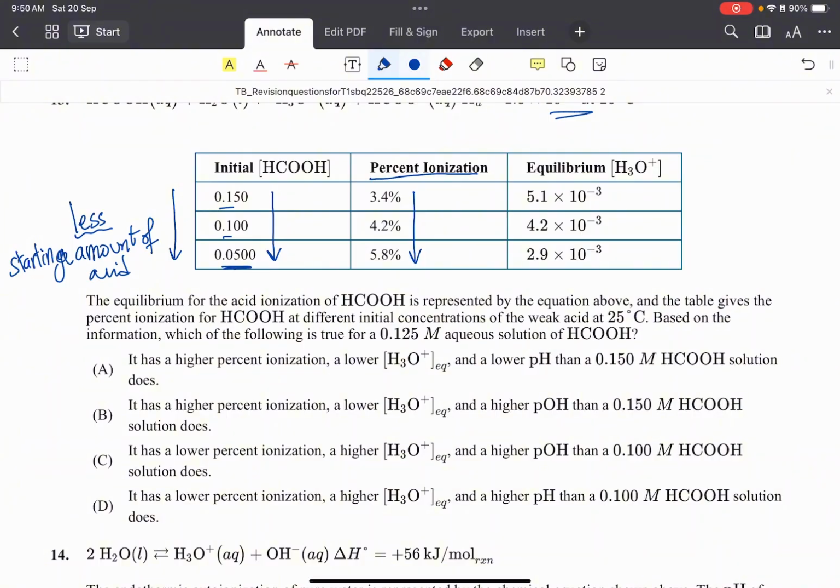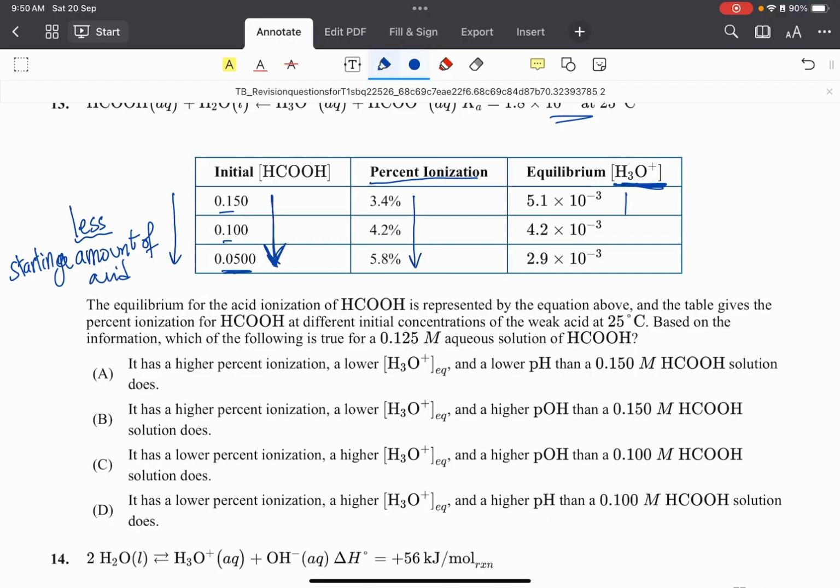And the explanation to this is the concentration of H3O+. As I'm having less amount of acid, the amount of H3O+ produced is less because I have less quantity. Less acid will produce less H3O+.